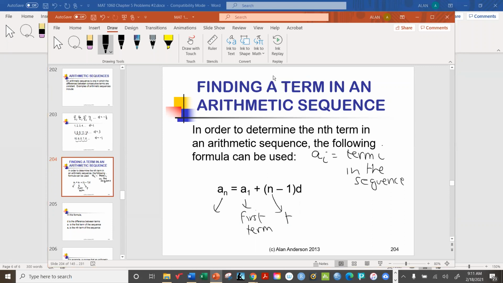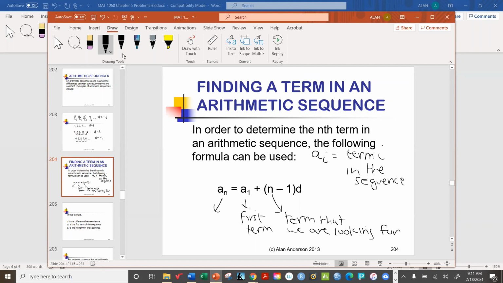But anyway, this N is the number of the term that we are looking for. And so this N is the same thing. We will call it the nth term because we don't know what it actually is just yet.